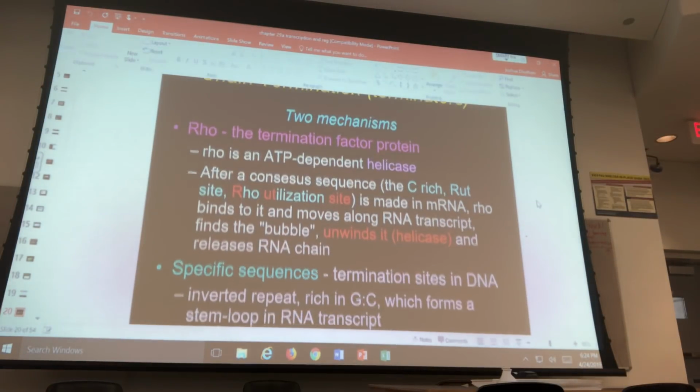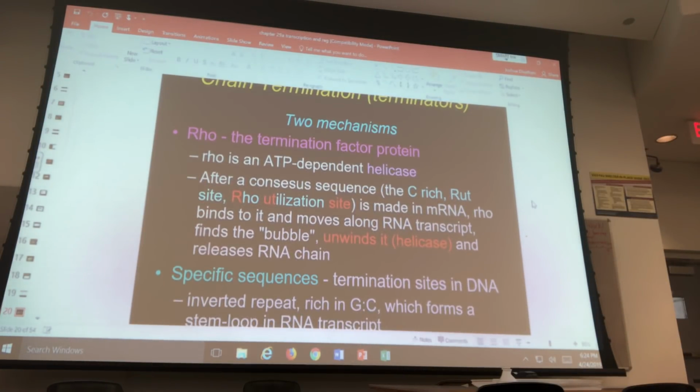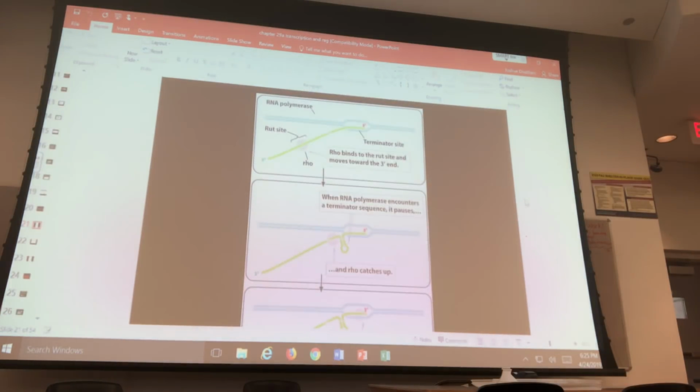When we talk about ending transcription in prokaryotes, there are 2 ways to do this. This wasn't talked about a lot for exam 3. This will be asked about on the final exam. The 2 ways are Rho-dependent termination and Rho-independent termination. So let me illustrate the 2. Firstly, Rho-dependent termination is the ending of transcription via the protein called Rho.